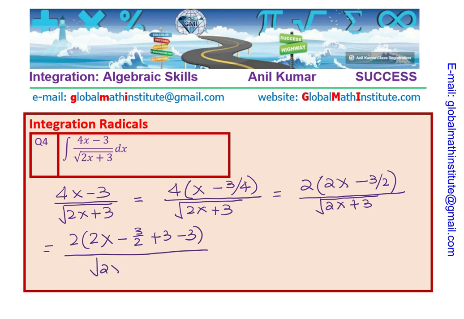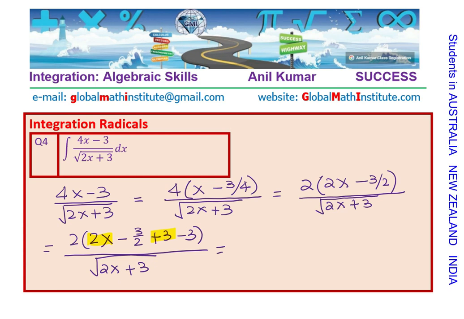Simple steps. There are a few additional steps here, however, they help you understand the concepts better. So now you have a term 2x plus 3 also. So rewrite this as 2 times 2x plus 3 over the radical square root of 2x plus 3. And the other term is minus 3 by 2 and minus 3. So we'll write minus, and what do you get? 6 and 3, 9.